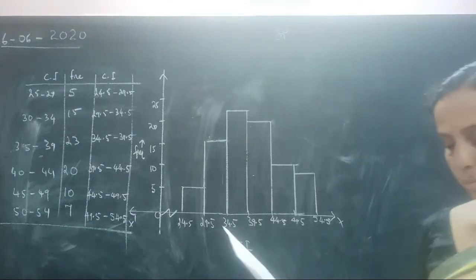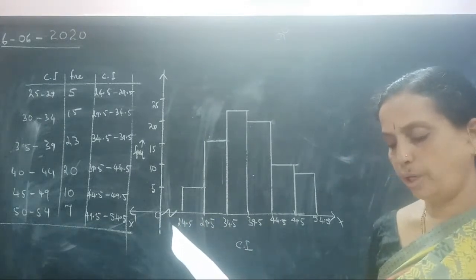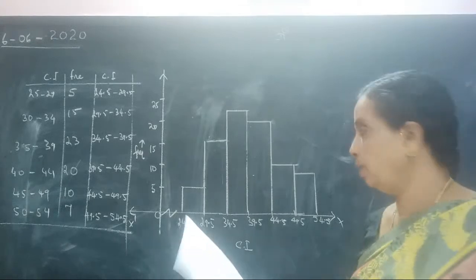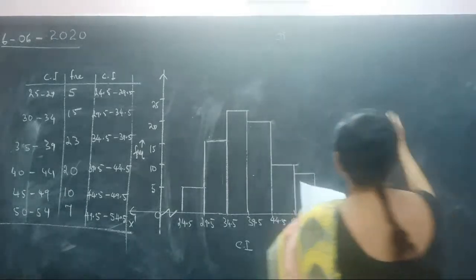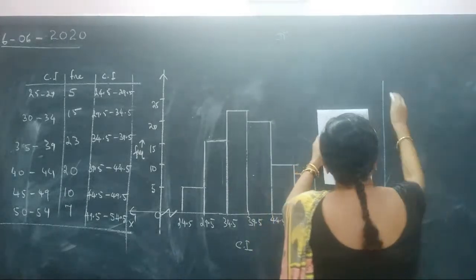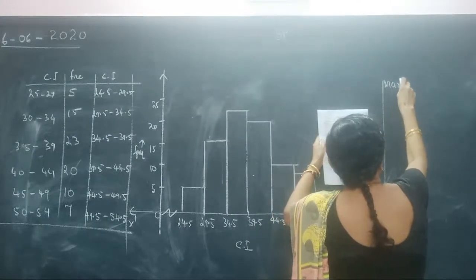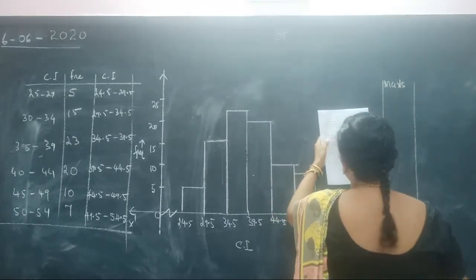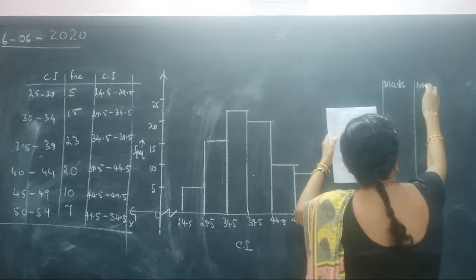Next. Here you have to plot both histogram and frequency polygon. The data is, I will write the data here: marks, number of students.